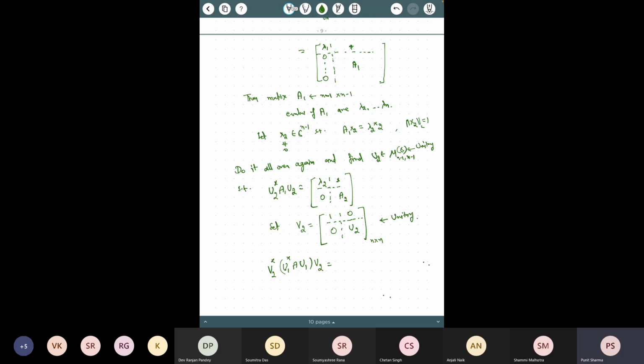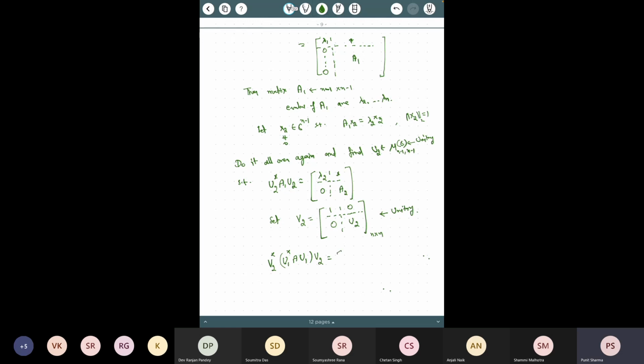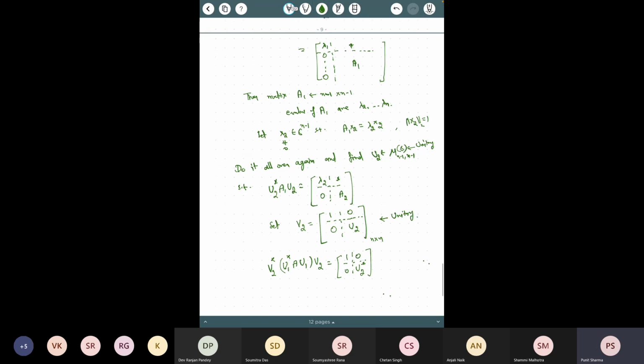So you remember what was U1 star A U1? V2 is this one. This is V2 star. U1 star A U1 is nothing but this one, lambda 1, 0, 0, A1. And then V2 is 1, 0, 0, U2.